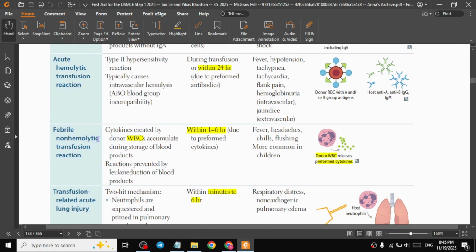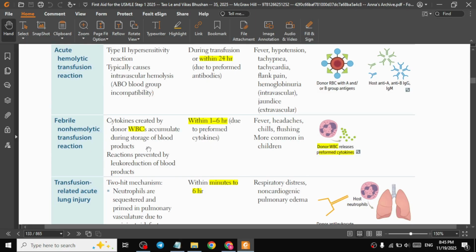Next comes febrile non-hemolytic transfusion reaction. Now, it's in the name, febrile, right? So you're going to have high amounts of fever, okay? Now, where is the fever coming from? The thing is, when you store these blood products, the neutrophils in that blood start to degranulate, okay?